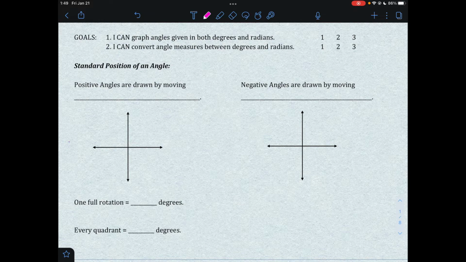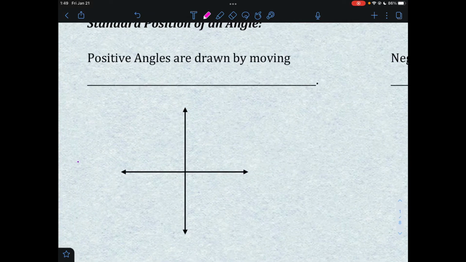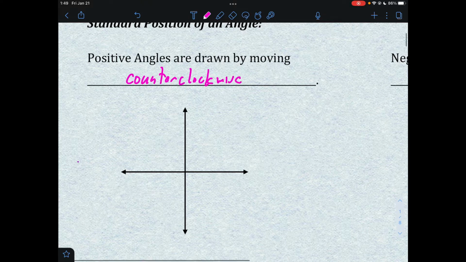Positive angles, we draw by moving counterclockwise from the positive x-axis. So for all angles, you're going to start by drawing a ray on the positive x-axis. That's going to be called our initial ray. Remember, a ray just has one endpoint and one arrow.